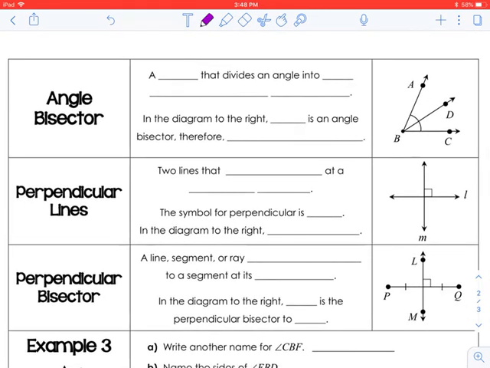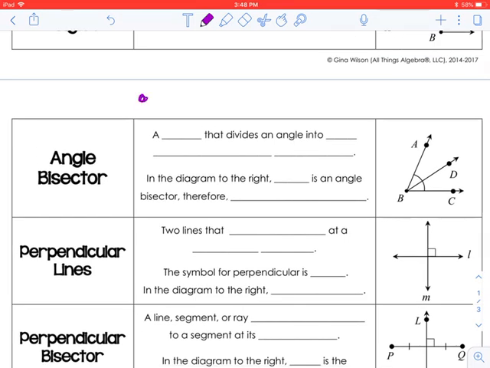Angle bisector. Just like segment bisector, when you have a segment and something goes through the middle and it bisects it in half, that means those two segments are congruent. Same thing for angles.